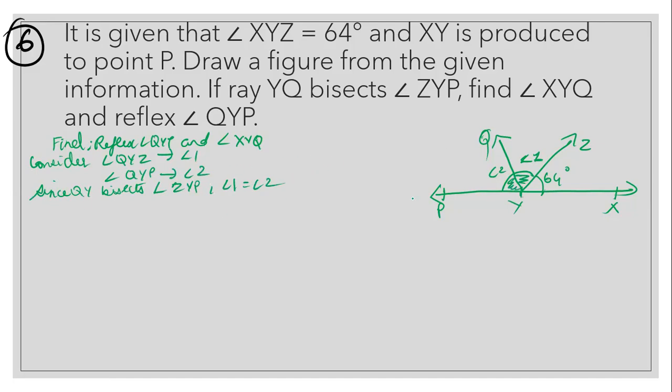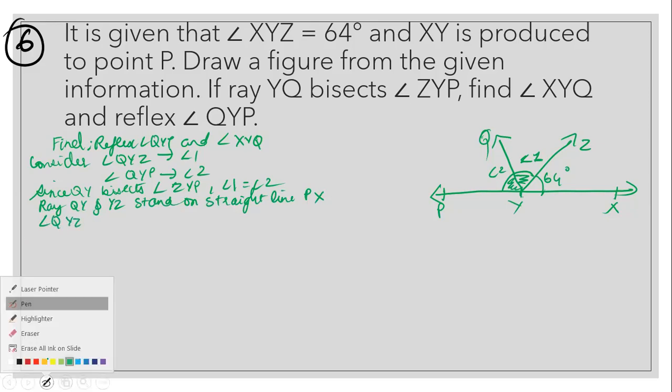Now, looking at this complete line, ray QY and YZ stand on straight line PX. Let me write it in order.